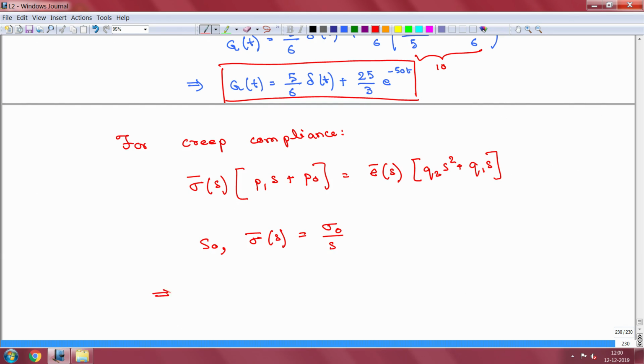So, this implies that epsilon bar(s) is equal to sigma naught by s multiplied by, here you have s plus P naught by P1. I am just simplifying the numerator a bit. You have s square plus Q1 by Q2 s, and since I have divided the numerator by P1, I am just going to multiply here by P1, and here we will have Q2.